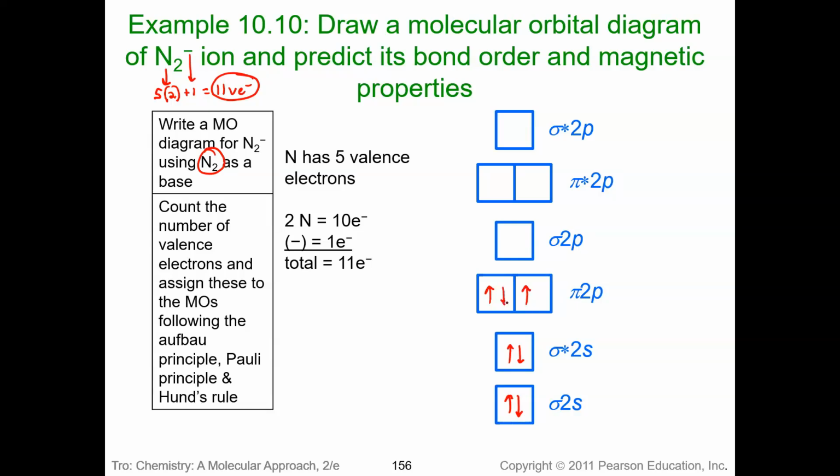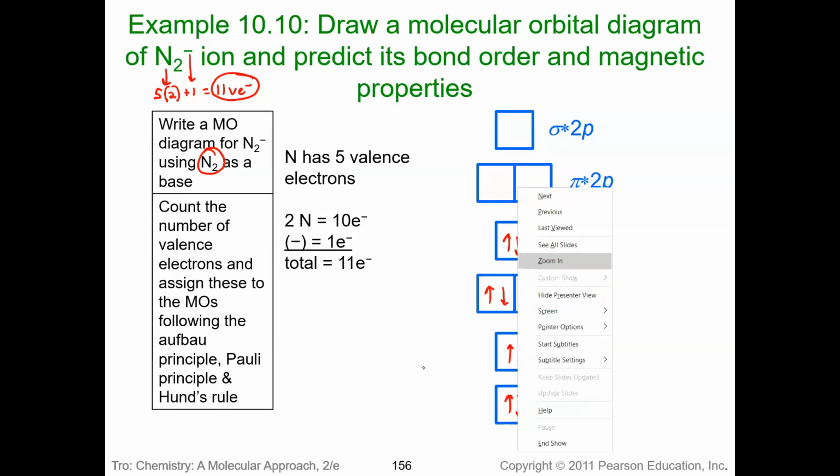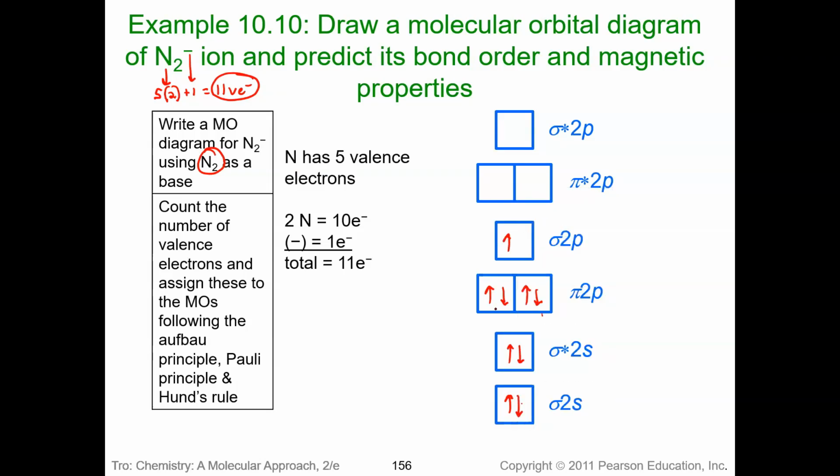But then again, Aufbau says we have to fill this before we go up again. We're going from low energy to high energy. How many have we used? 2, 4, 6, 8, 10, 11, right? And here it is for you, all nice and pretty.